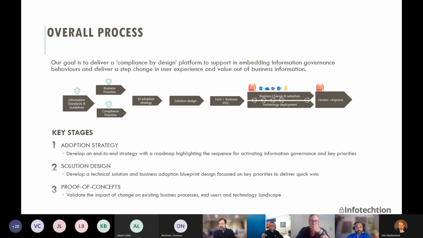The first thing I want to talk about is something you've heard a couple times in this whole process: compliance by design. The idea is that you don't want to do it retrospectively. You want all the pieces in place so that when you deploy a site, when somebody creates a document, when information is shared, when information goes through its classification processes, you've thought ahead of time how it is going to be compliant.